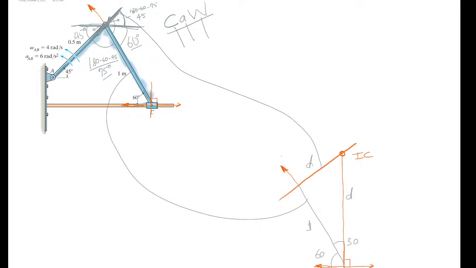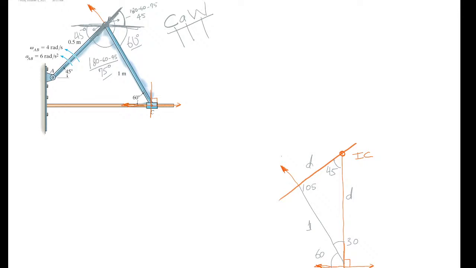So the angle between them is going to be the sum of 45 and 60, or 105. That leaves 105 plus 30 gives you 135. Take away 180 gives you back that this one is 45.